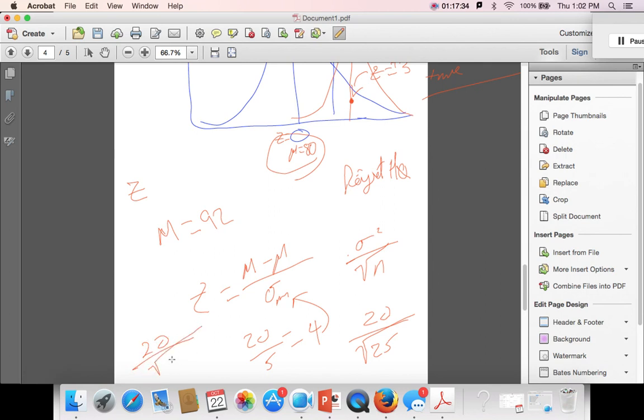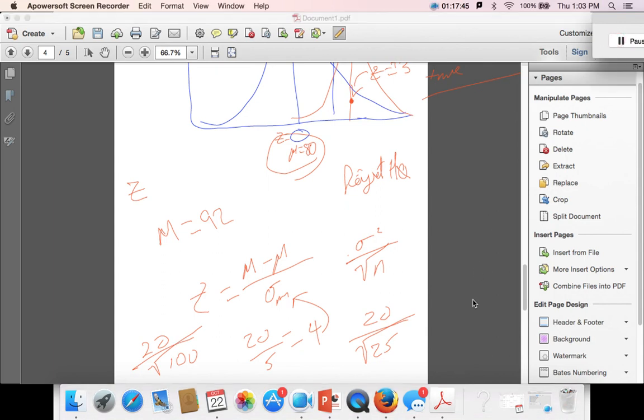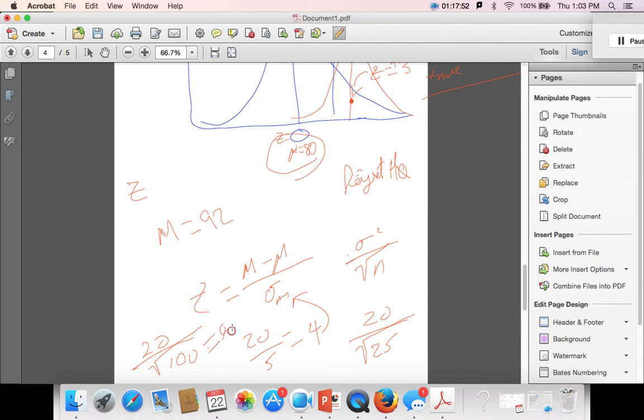Now I have 100 participants in my denominator. When you take the square root of 100, that should give you a value of a 10. 20 divided now by 10 should give you a value of 2. So now my denominator has gotten smaller.